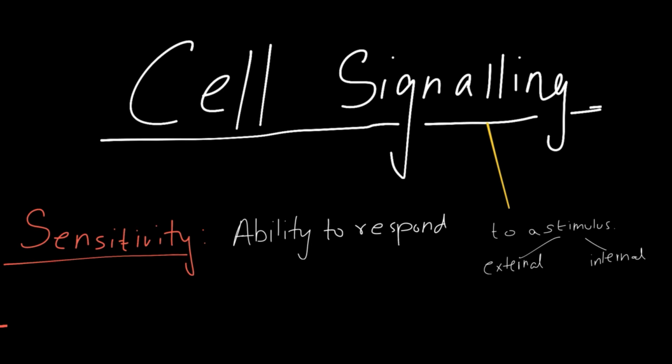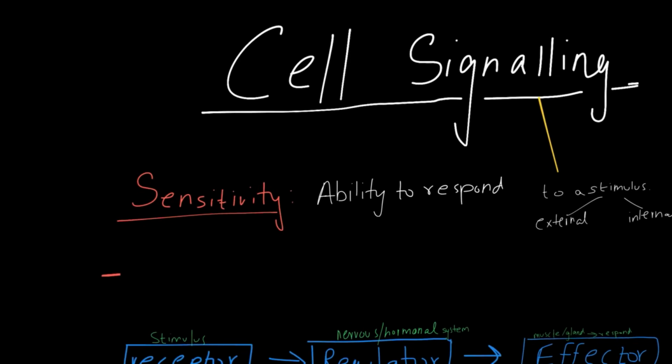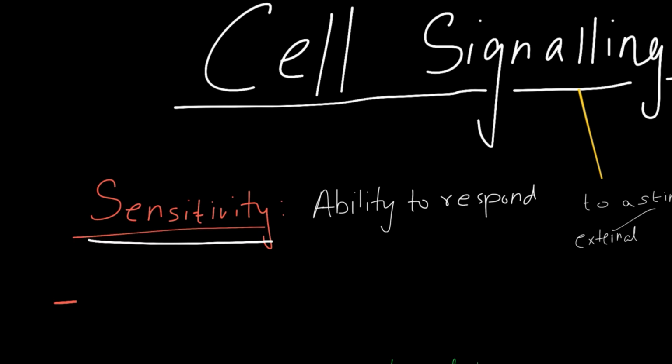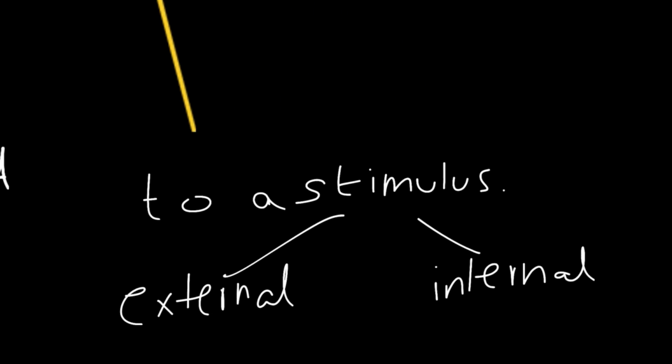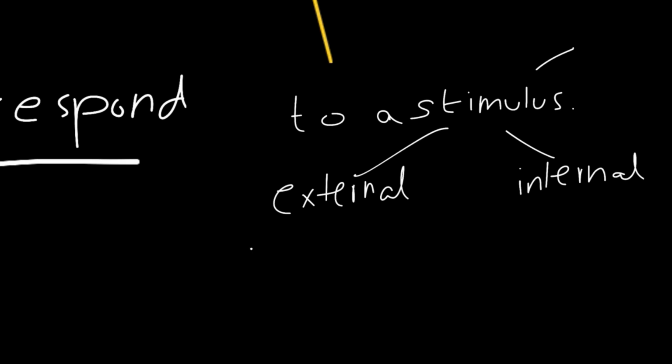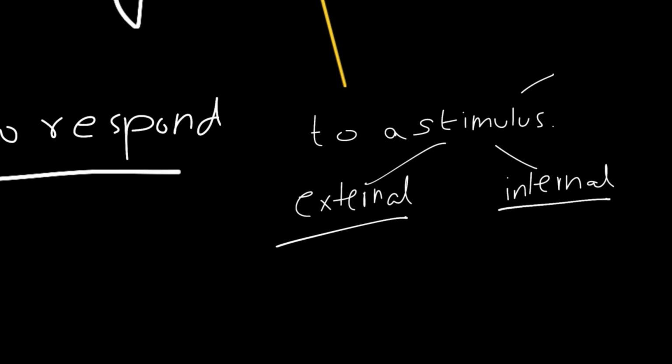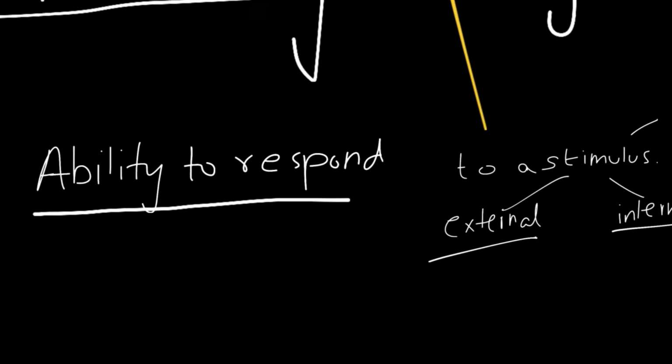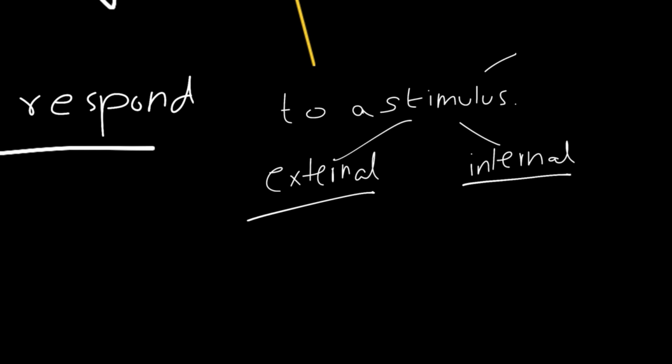So first off, we'll start off with what sensitivity means. Now, sensitivity is the ability to respond to a stimulus. A stimulus is a change. It can be any kind of change, an external change or an internal change. For example, if someone touches a hot iron, the first thing that he'll do is withdraw his hand as soon as possible.